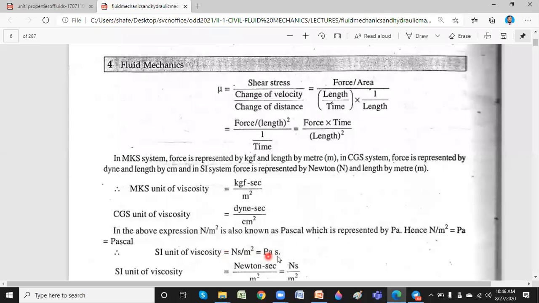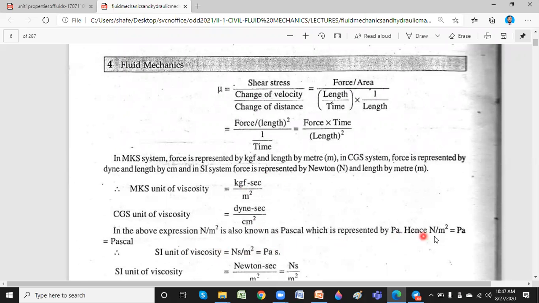So just see what I have shown here in the highlighter. Remember that the unit of dynamic viscosity mu in SI units is Pascal second. But in MKS units, it is kg second per meter square. Okay, so don't worry about that and just remember Pascal second. What is the Pascal?